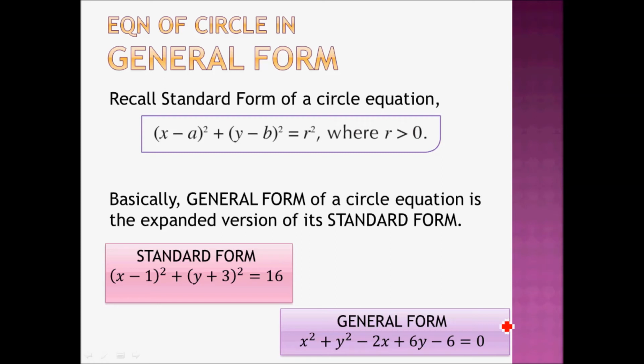Now, one other difference is that the constant term for the standard form is on the right side of the equation, whereas for the general form, the final constant term will appear on the left side of the equation. For all general forms, the right-hand side of the equation will be equal to 0.